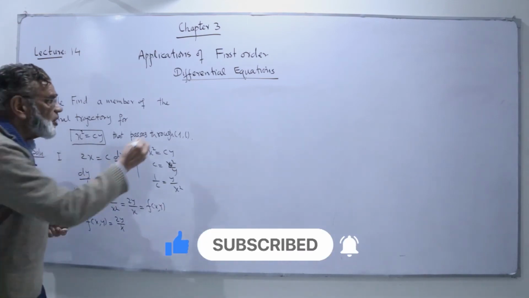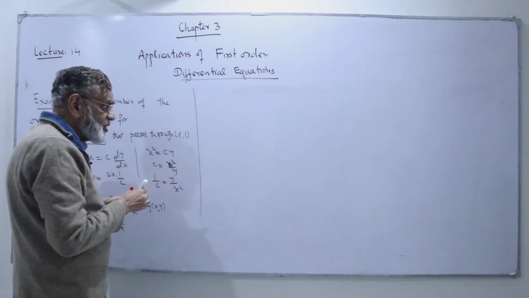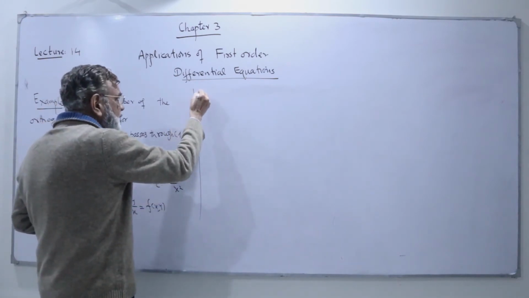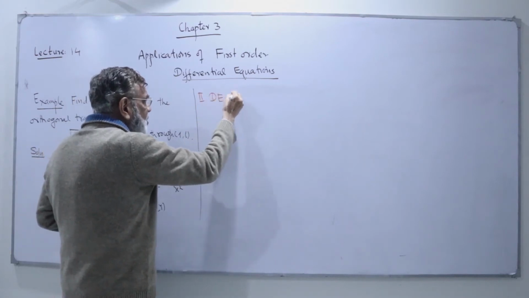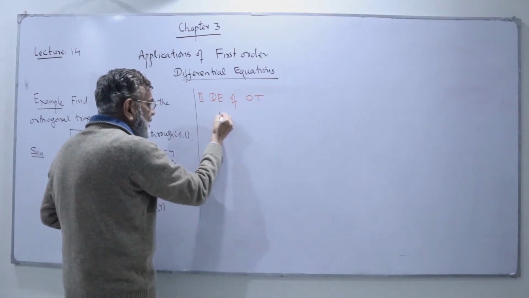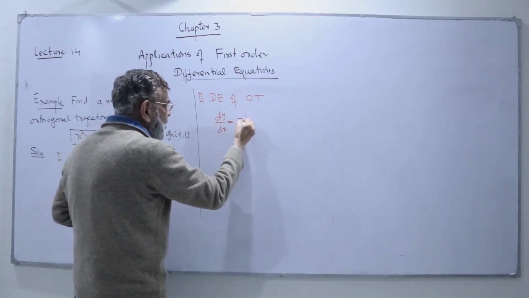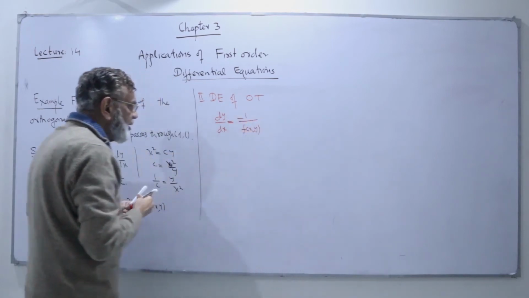Now, step 2: we write the differential equation for the orthogonal trajectory. Please don't forget this, it is very important. So I changed the color for this reason. We write the differential equation of the orthogonal trajectory, and that is dy by dx is equal to minus 1 over f(x, y). Now we substitute the value.